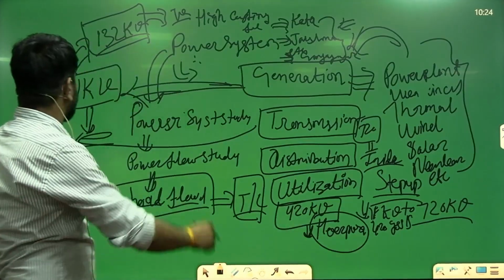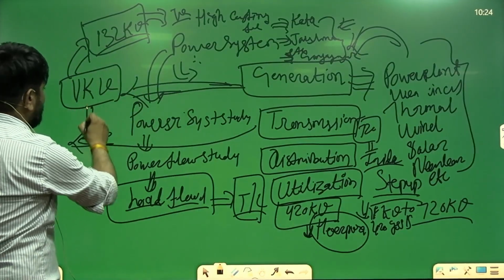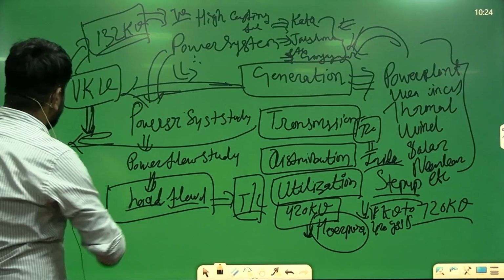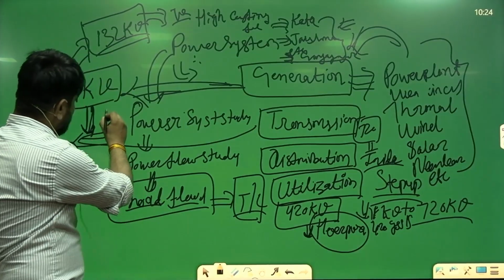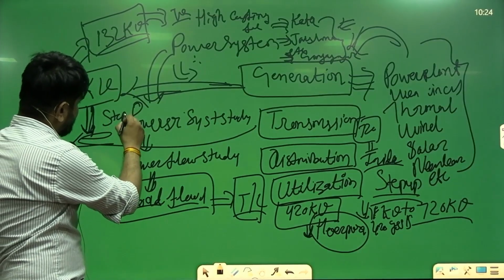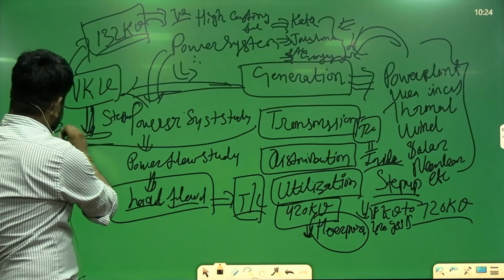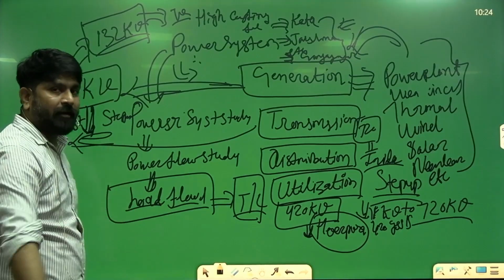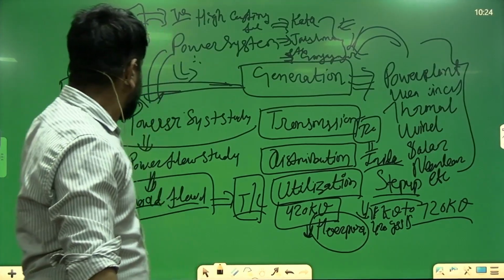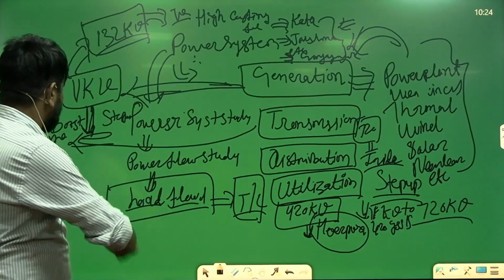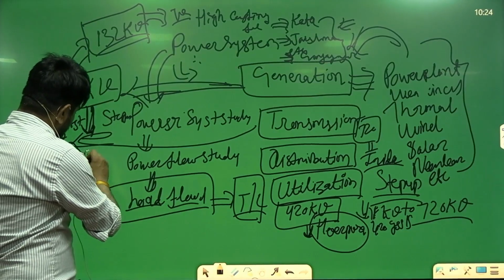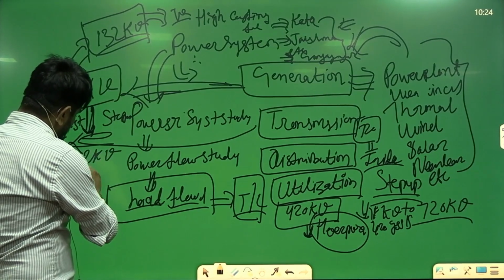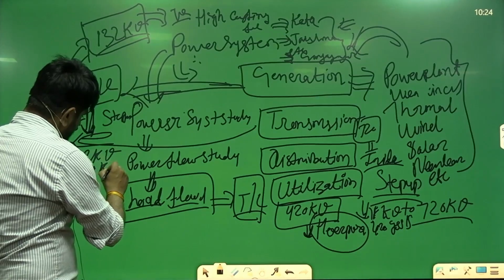So electricity is always generated at 11 kV. After that we use a step up transformer to boost the energy. After that it will be 130 kV, 132 kV. It may be 220 kV.